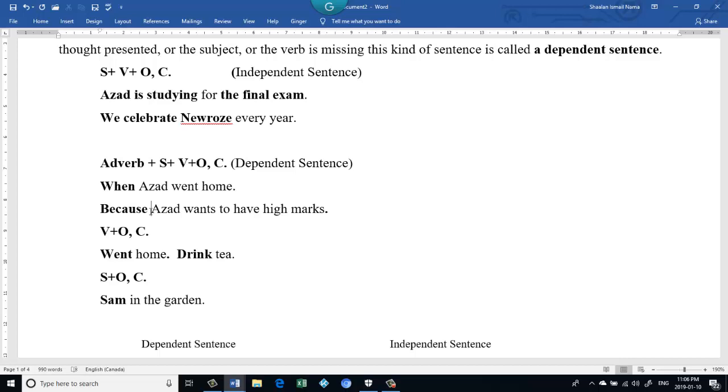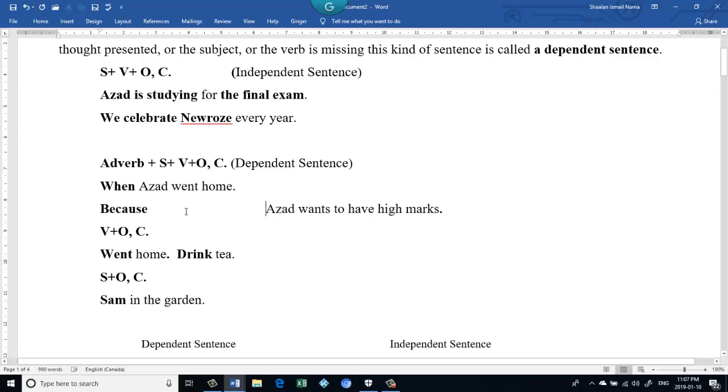If somebody reads this sentence to us, we are still waiting for the person to give us more information. But if we take out because, then this sentence is wonderful. There is no problem with the sentence because I have the subject, the verb, then the complement.